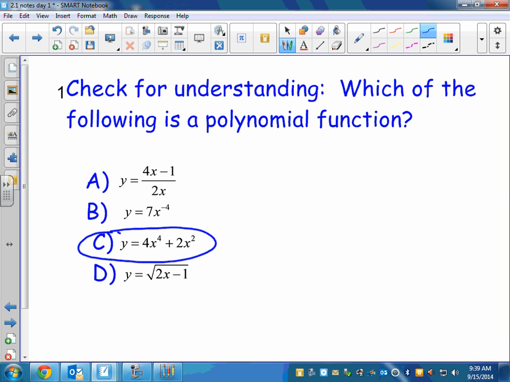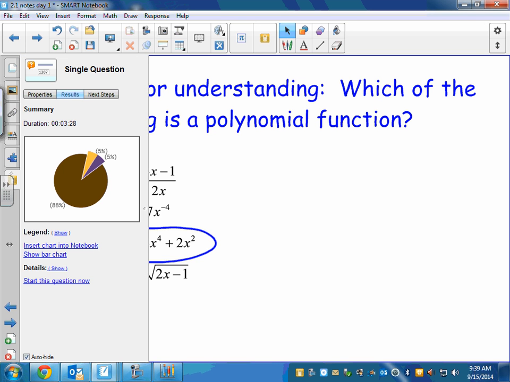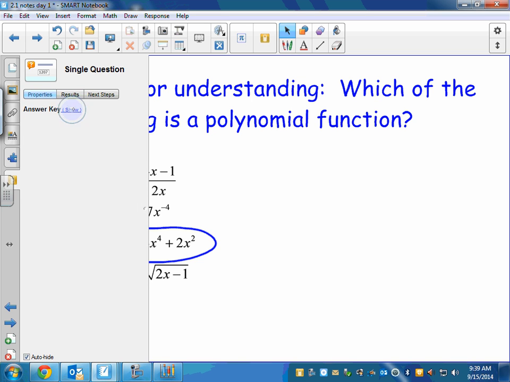This is not a polynomial because it has x as its denominator. This is not a polynomial because it has a negative exponent. This is not a polynomial because it's square rooted. And if I would have picked an answer, let's see. Properties, answer key. Oh look, I put it in opinion. It's not opinion.